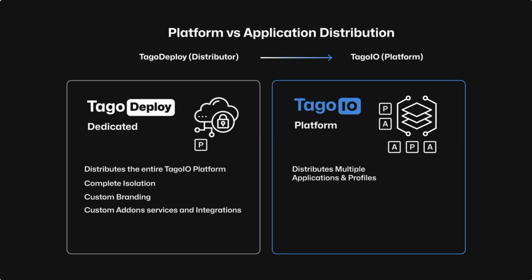You can have one developer of your team working on a development profile, and you manage how you want to distribute this development to your production profile. You can have multiple applications in the same distribution, in the same project that you have your Tago IO platform.